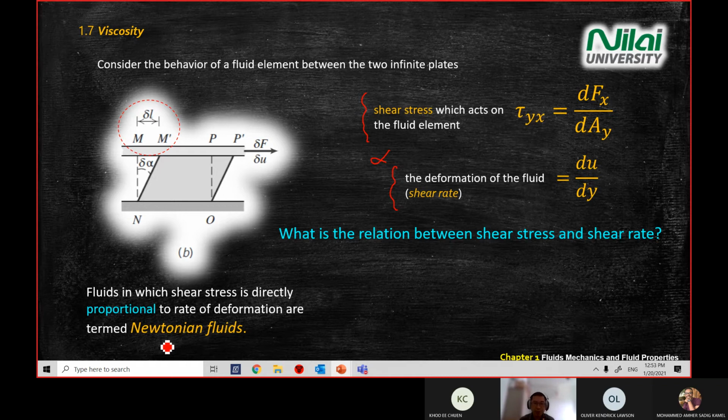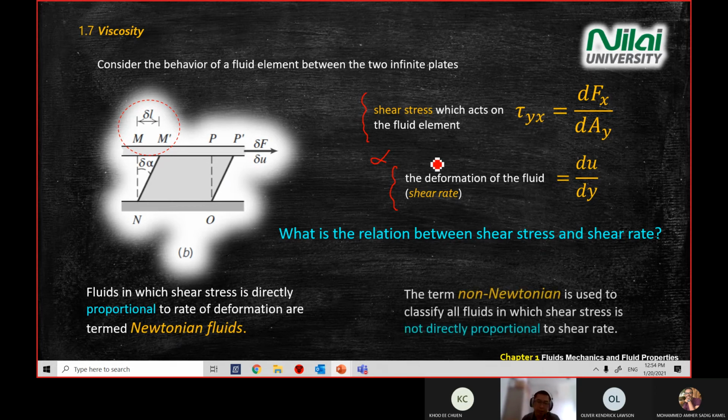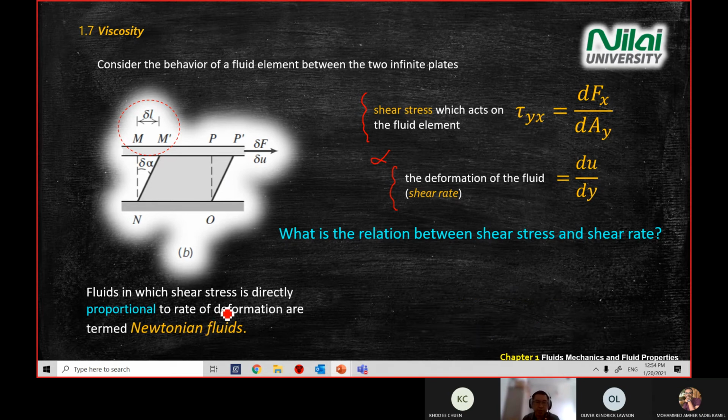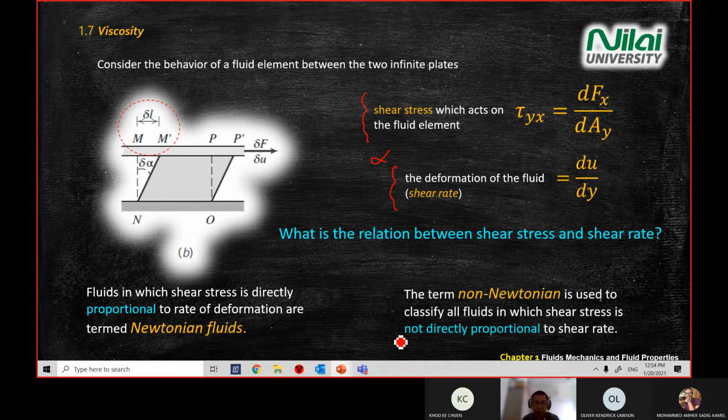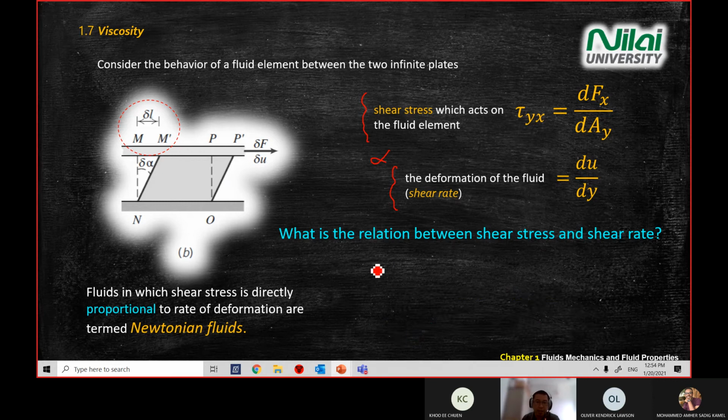If it's proportional, then it is a Newtonian fluid. Other definition, if these two do not agree or are not proportional, then it's a non-Newtonian fluid. Based on the Newtonian fluid definition, you explain non-Newtonian. What is meant by proportional?